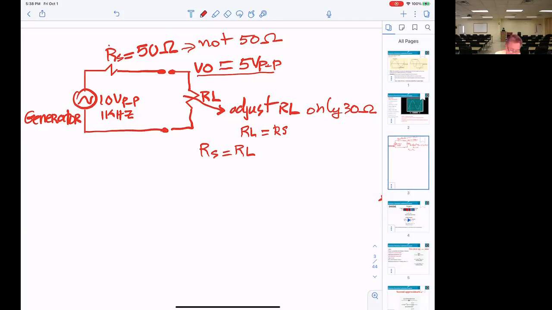Okay, what you can do. First thing, you adjust RL to 50 ohm.